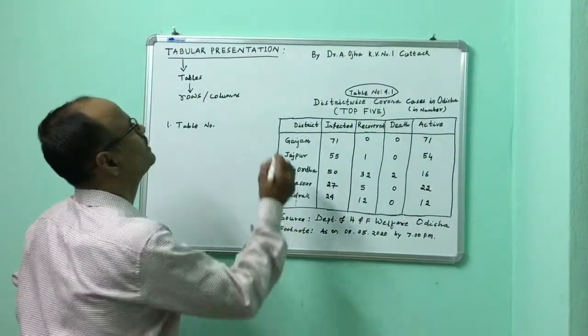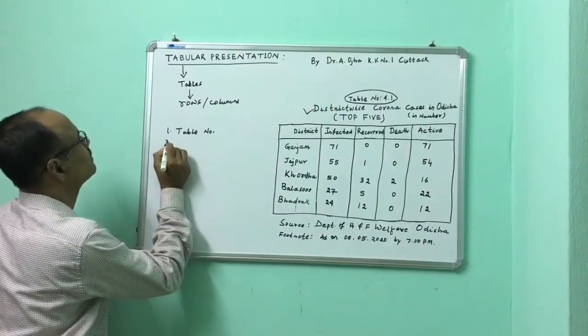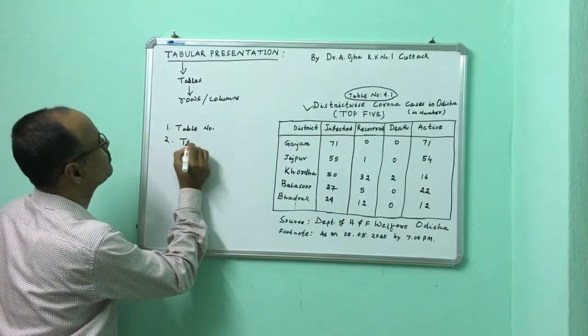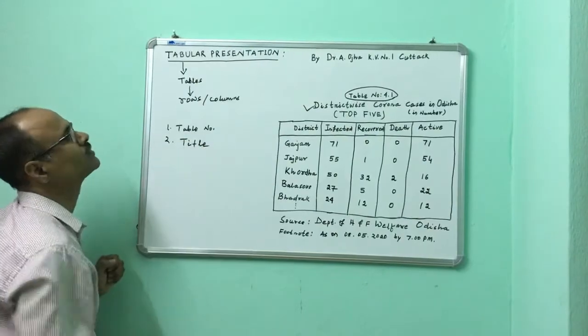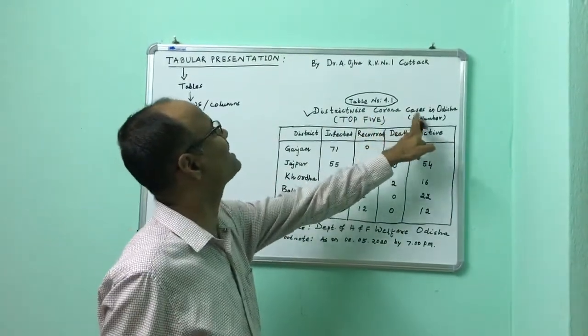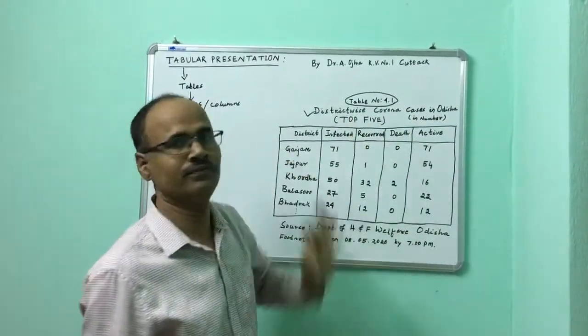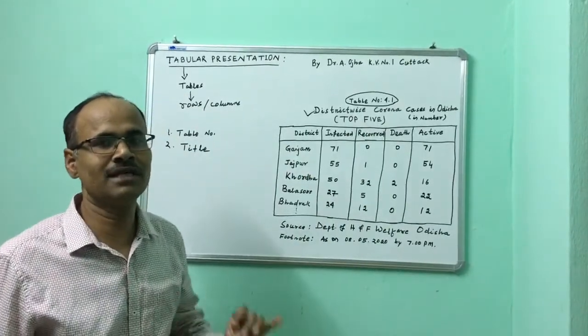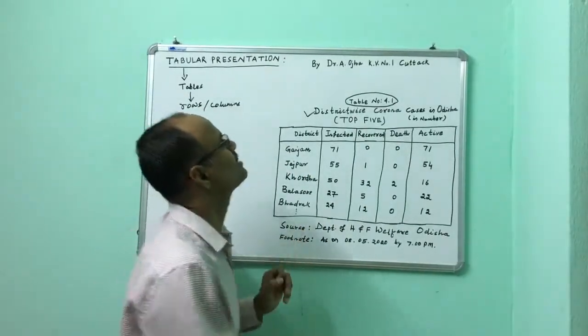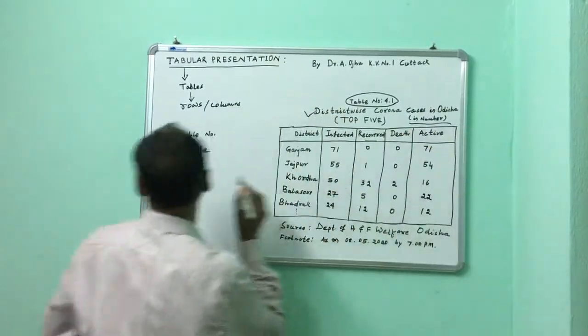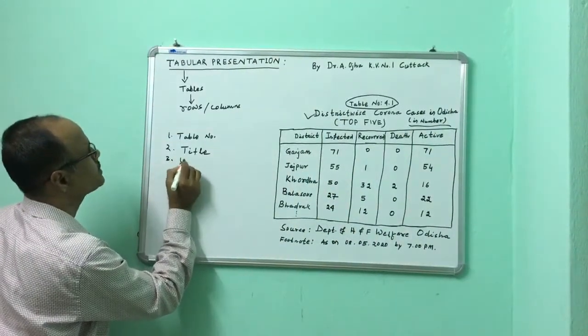Next is the title of the table. Here, district wise corona cases in Odisha, top 5 districts, is known as the title of the table. And next is units of measurement.